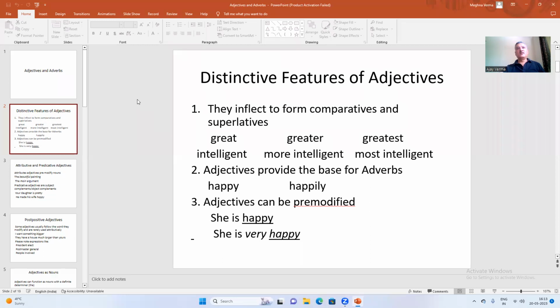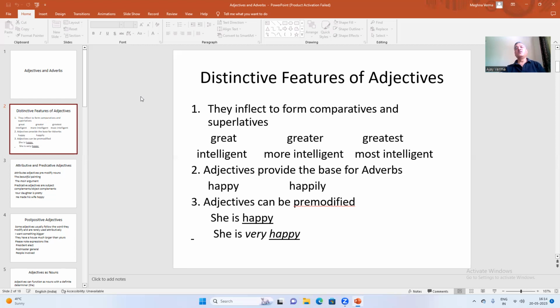So, we have to note three things when we discuss adjectives. One, the form of adjectives. Okay? How are adjectives formed? What are the characteristics of adjectives as far as their formal features are concerned? Then, secondly, we have to note the usage related features of adjectives. In other words, we have to understand the function of adjectives.